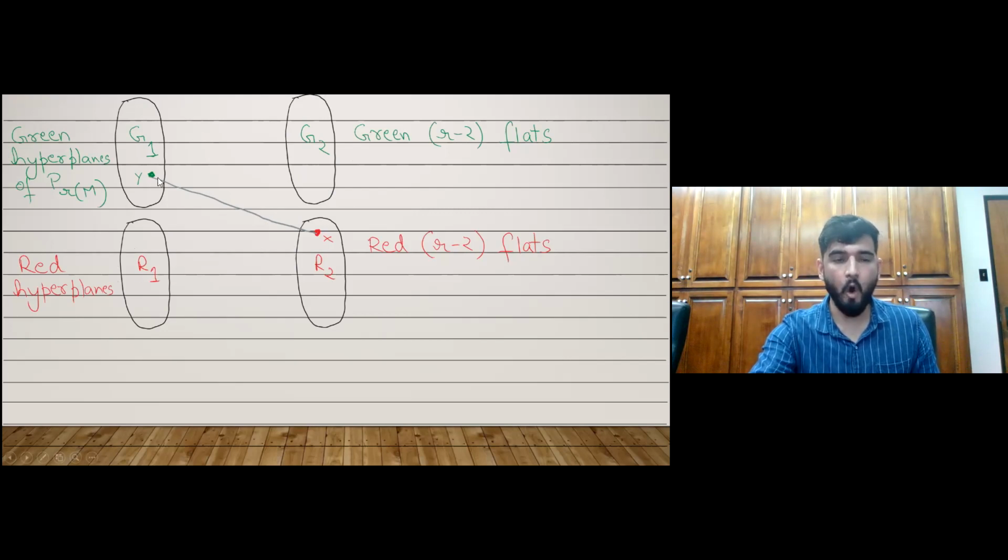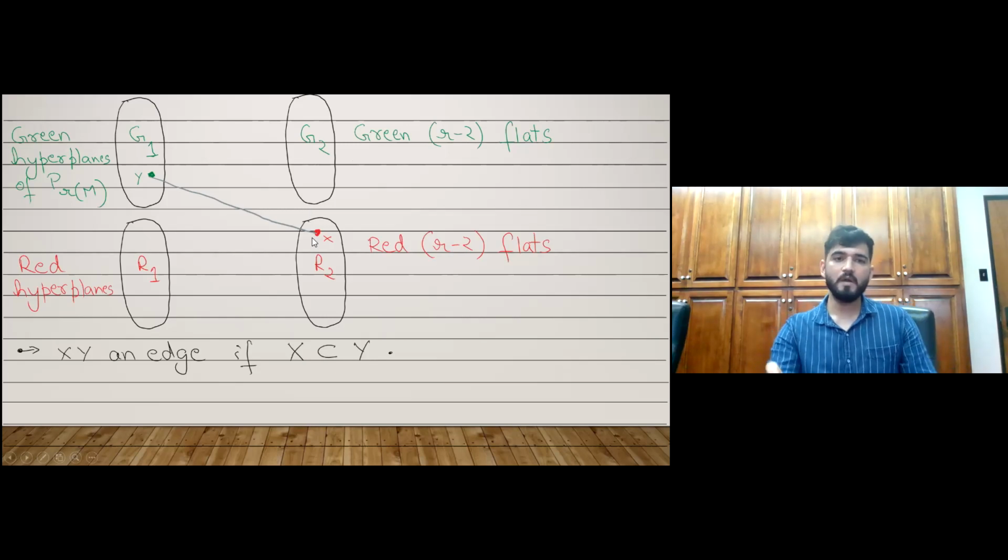This is all the hyperplanes, and some hyperplanes will be green, some will be red, and some rank R-2 flats will be green, and some will be red. Now what we do is we make a bipartite graph of it, with one partition being this side and the other side being this. And how do we define edges? By inclusion: xy is an edge if x is contained in y.